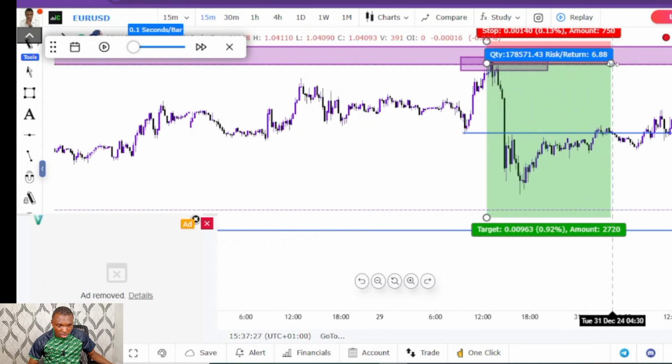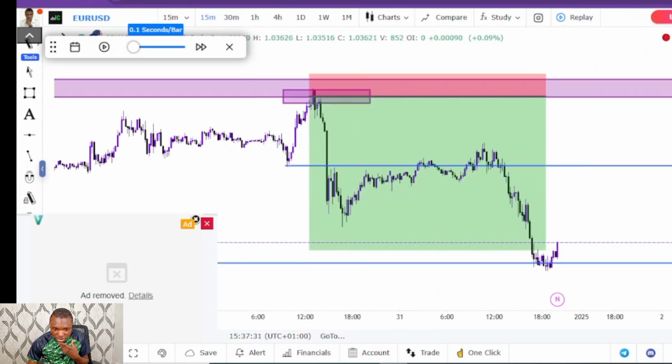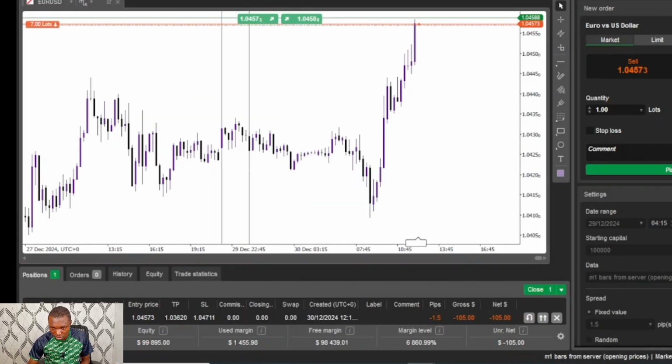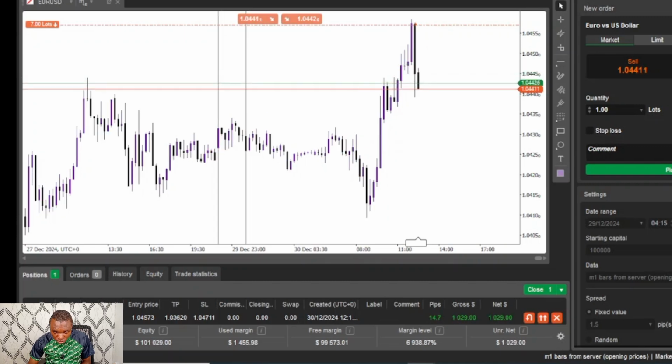Then let's see if our second take profit is hit, or we expect a complete takeout of this structure.